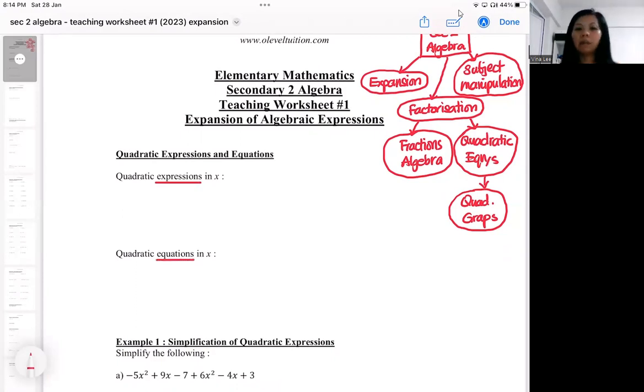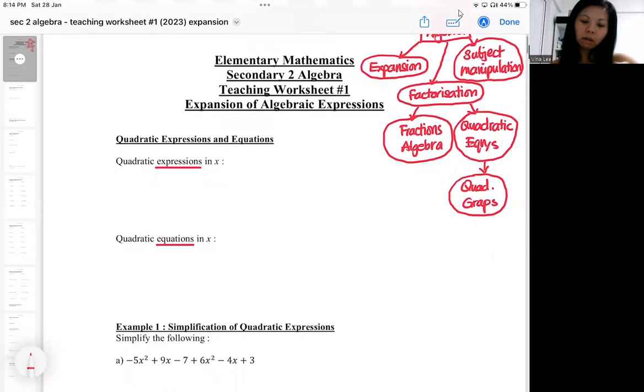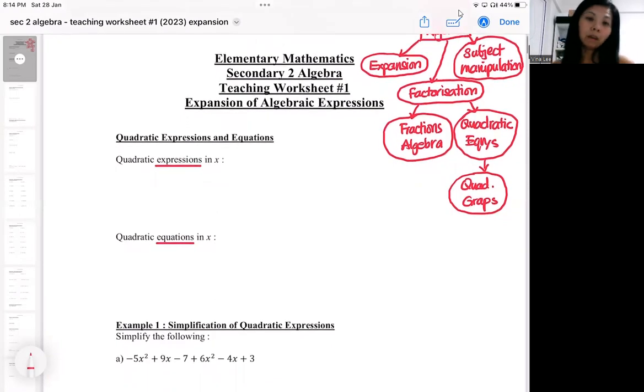In Sec 3, you will actually deal with quadratic functions. In Sec 3, there are 2 big chapters in A Math that deal with quadratic, and another big chapter in E-Math. So quadratic is a very huge family. It doesn't only affect your Sec 2 algebra, it will lay the foundation for your upper Sec algebra.